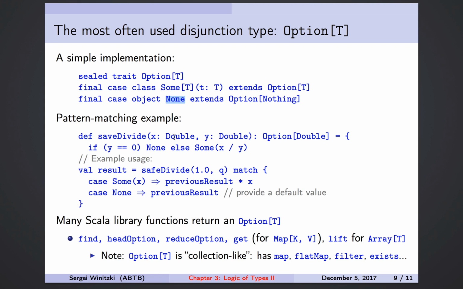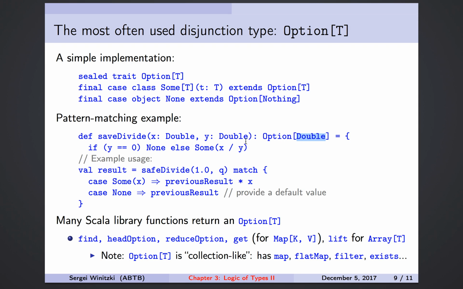Now, in order to use it, you do pattern matching, for instance, like this. Here's a function that performs safe divide. It divides x by y, but returns an Option of Double. And so Option is a disjunction, and Option parameterized by the type Double is a disjunction of either a Double or nothing.